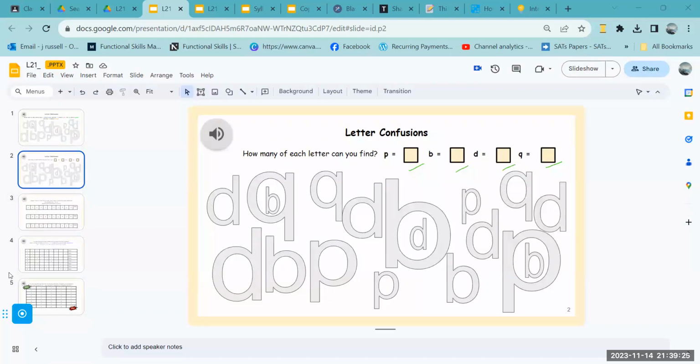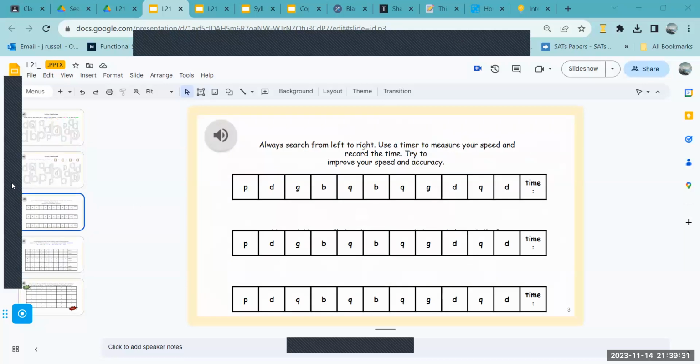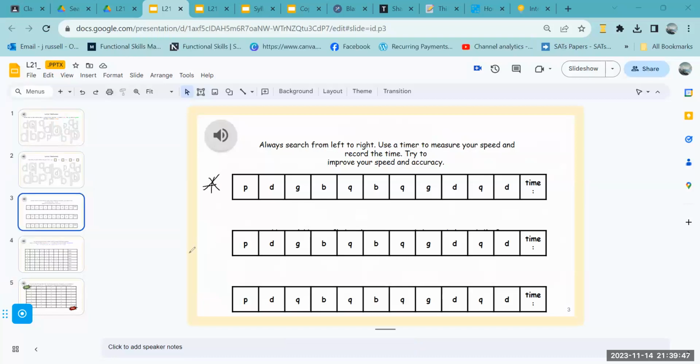Now, oh, and I've been saying we've got 4 slides. Actually, we've got 5 on here, haven't we? Apologies about that. So let me grab my pen. So what we're going to do this time, you can see that throughout this short lesson, we're sticking with visually similar letters. Now, what I'm going to ask you to do is start at this side of each row. And I want you to go from left to right.